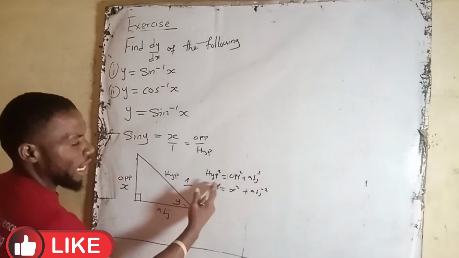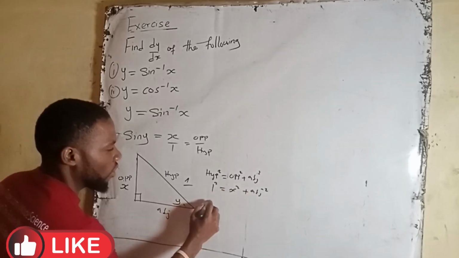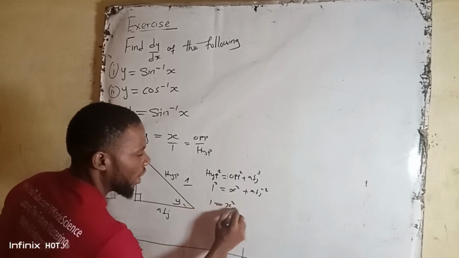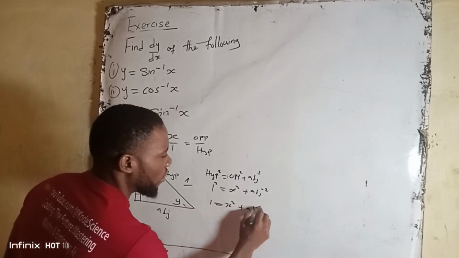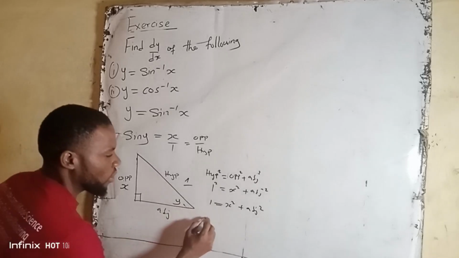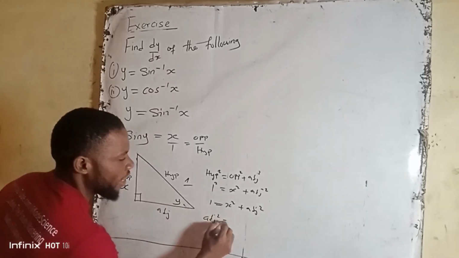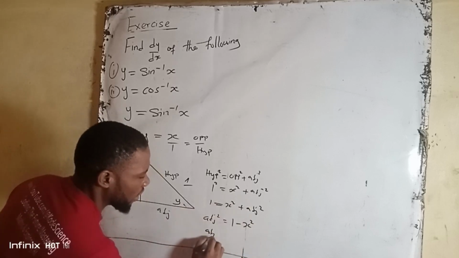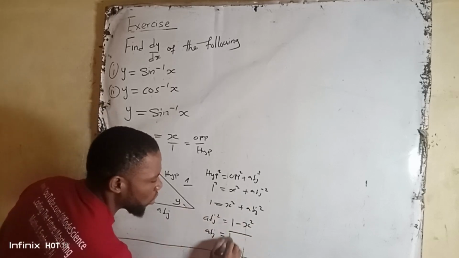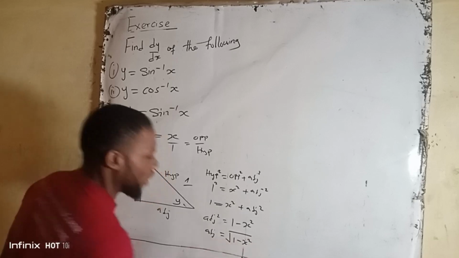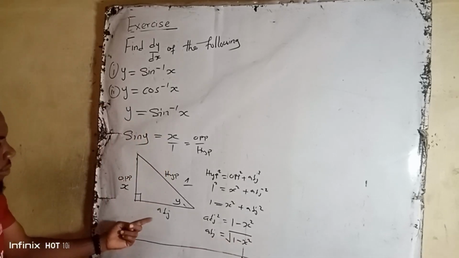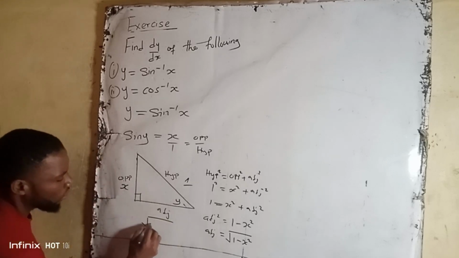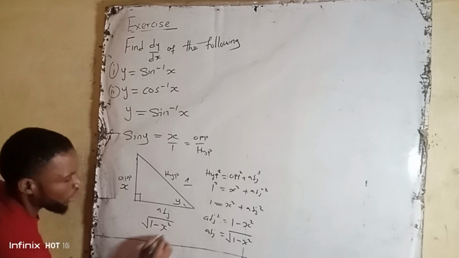So collecting terms, the adjacent squared equals 1 minus x squared. Then the adjacent is therefore the root of 1 minus x squared.